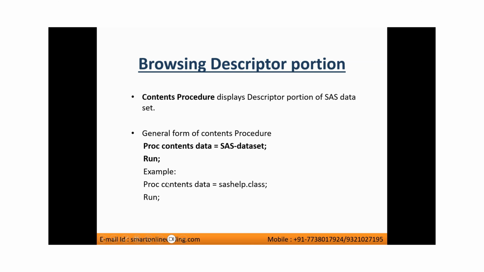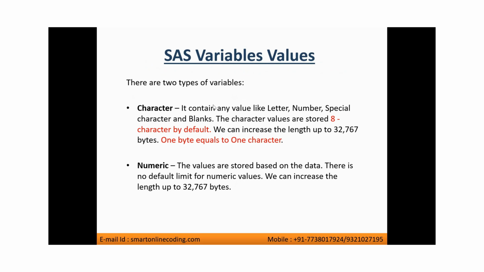Then you give the RUN command for it. So collectively, if you run these two lines, it will give you the PROC CONTENTS output, which is nothing but the entire descriptor portion of your SAS dataset. Is that clear? Okay, I'll move ahead.